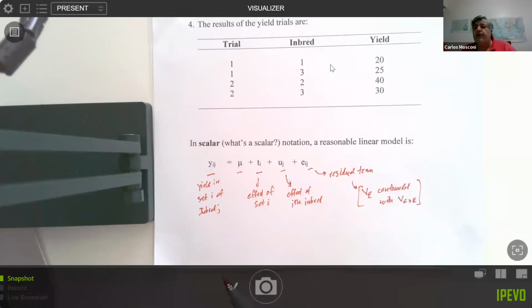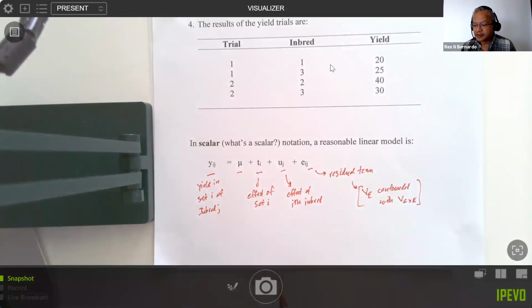That's okay, but how do you know? Because we partition the variance into different things, but how do we know that we don't have epistasis in there? We don't know that there is none, a priori. If we wanted to include epistasis in the model, we can.